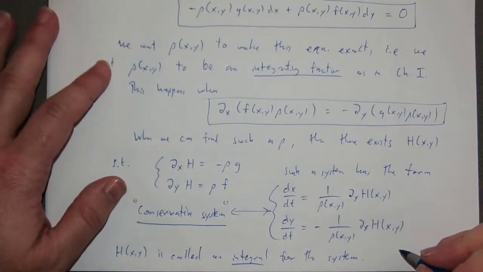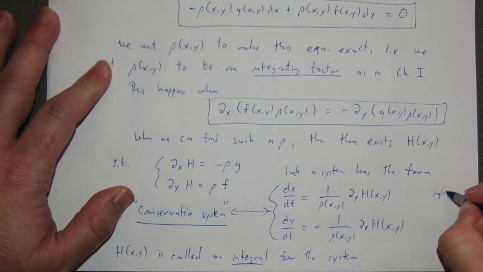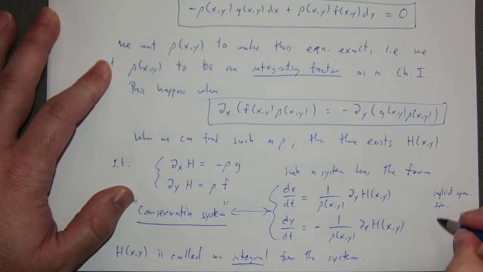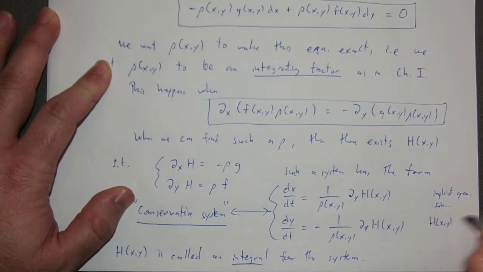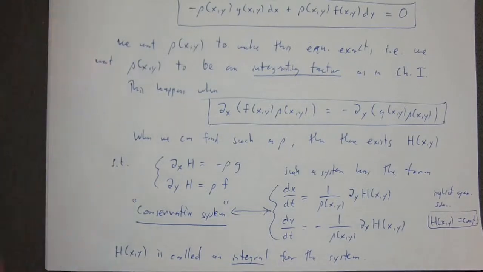So the implicit general solution is h of xy equals constant. So it's solved in the same way from this h. So this is my more general setting, as I mentioned. So when we say integral methods, this is what we're talking about.